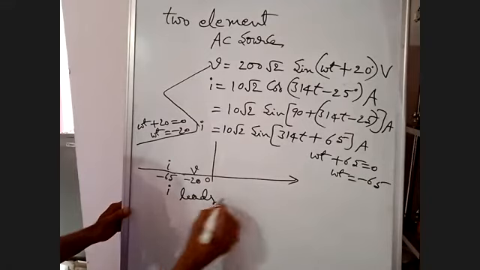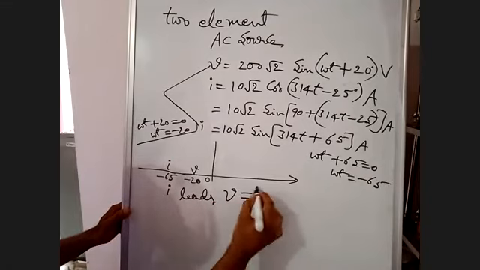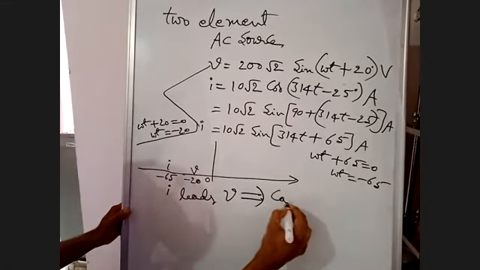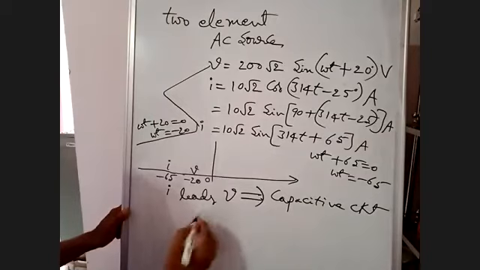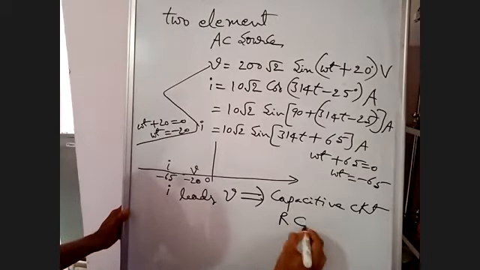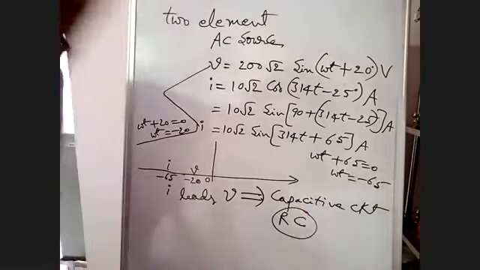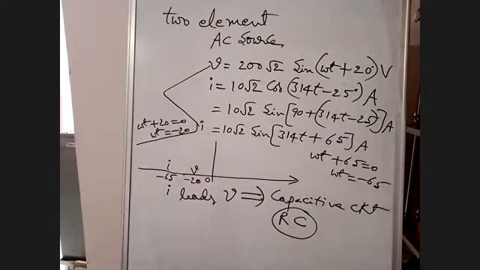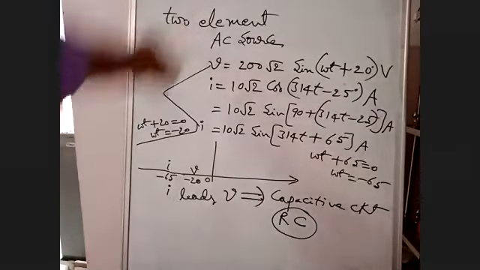Current leads voltage. If current leads voltage, what is this circuit? Capacitive circuit. Then, if it is a capacitive circuit, we have to determine the elements R and C. In the problem it is a two element circuit.